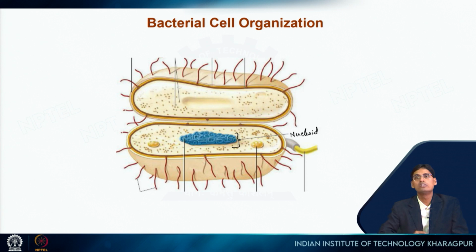the nucleoid. Since you know that bacteria don't have an organized nucleus, only the bacterial DNA, the chromosome, is present inside the cell, and this is called the nucleoid. And this one, I can say, is the bacterial chromosome.